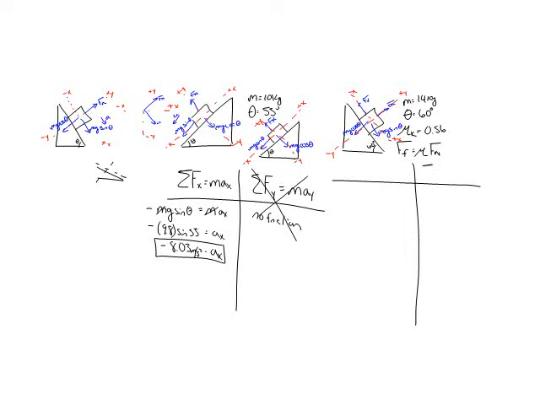So the sum of the forces in the y direction is equal to mass times acceleration in the y direction. What's its acceleration in the y direction? It's 0, because it's not moving.